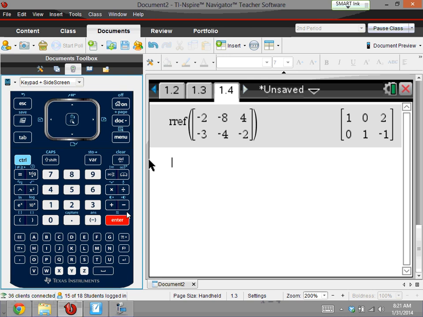RREF, parentheses, format, matrix, how many rows, how many columns, plug them in. Don't forget your negatives. If there's no y, you put a 0. If there's no x, you put a 0. If there's no a, you put a 0 for that column. Press enter, and the answer is always going to be right there.